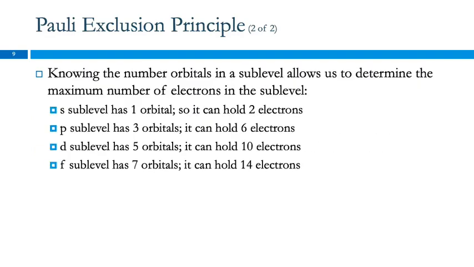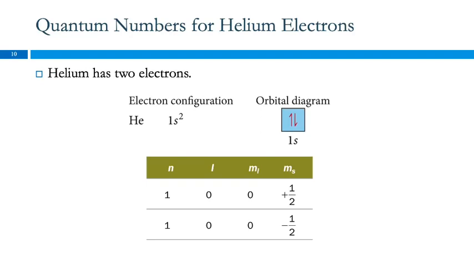So, yeah, that's nice. Here, let's look at this one. So here we have helium. Here's helium's electron configuration. Helium has 2 electrons, and so they're going to both fit in that 1s orbital. The orbital diagram is going to look like this, where we have 1 electron spin up and 1 spin down. And here are the quantum numbers for those 2 electrons.